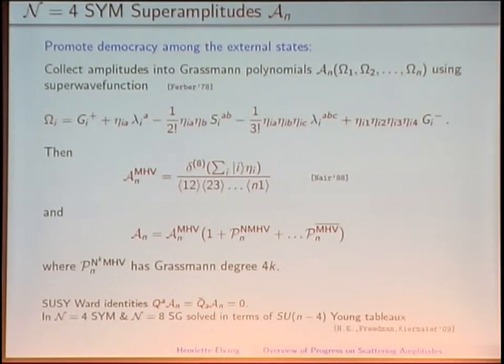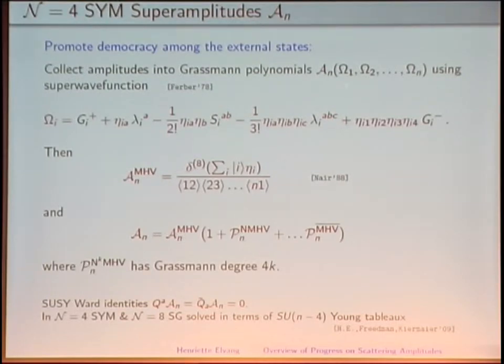So it's natural to group the states of N=4 super Yang-Mills theory into something we could call a superfield or a super wave function, where the lowest component is the positive helicity gluon, the highest is the negative helicity gluon, and you have the gluinos and the six scalars in between. This is done in terms of an auxiliary Grassmann variable, eta.